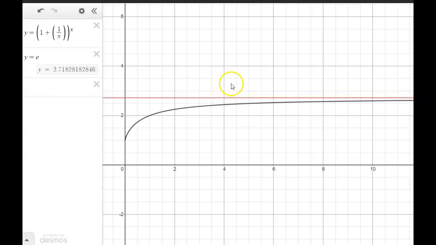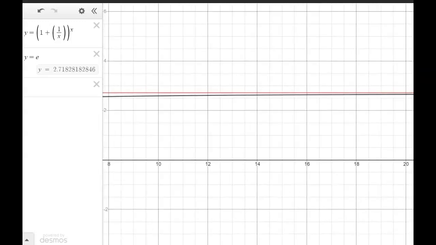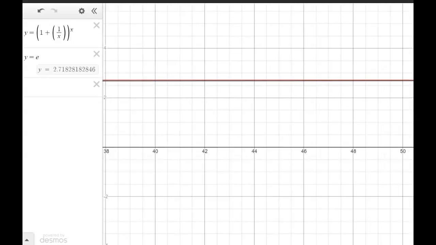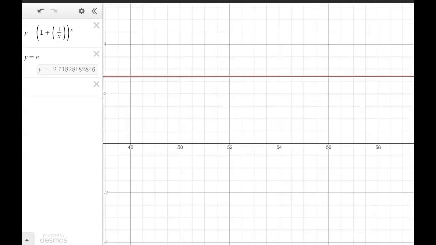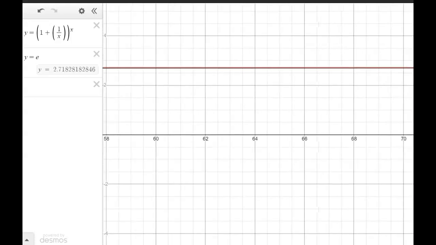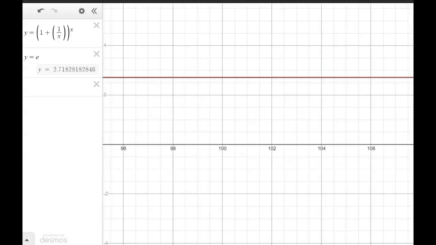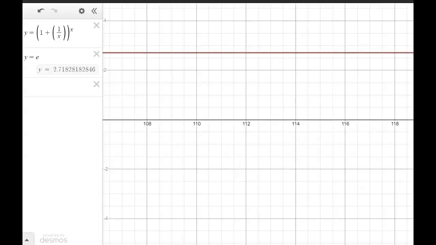That's just a constant horizontal line. And the graph in black is the one that comes from here. Instead of m, I'm using x. And I just want to show you how, if we increase the value for x, the graph is going to get closer and closer, not actually overlapping, to the actual approximation.